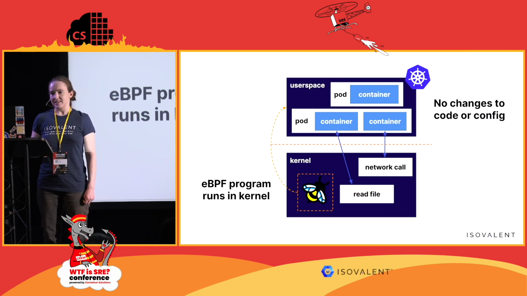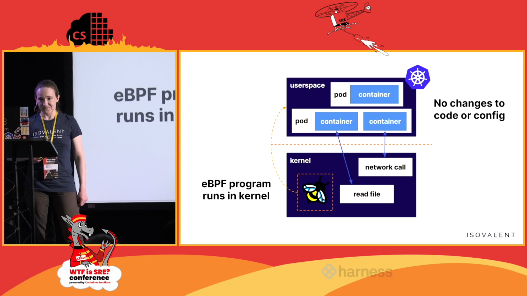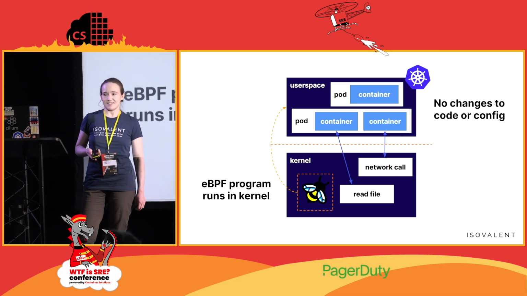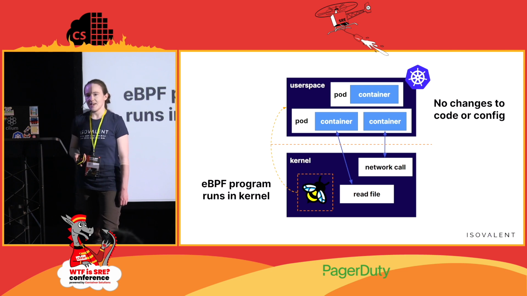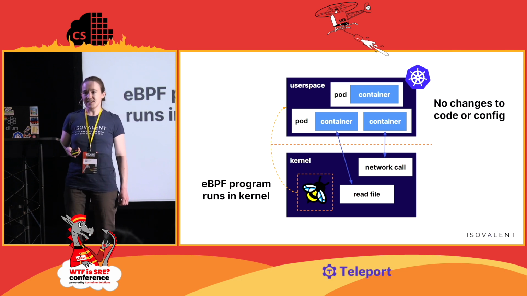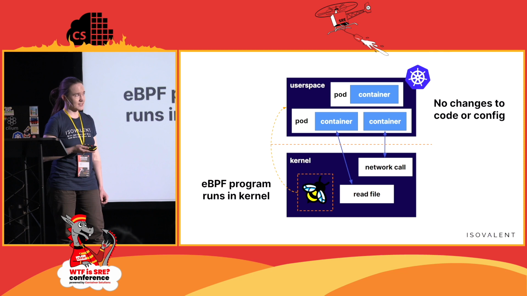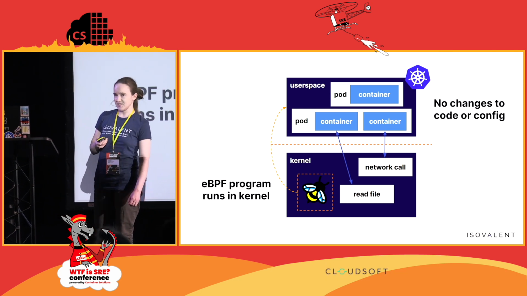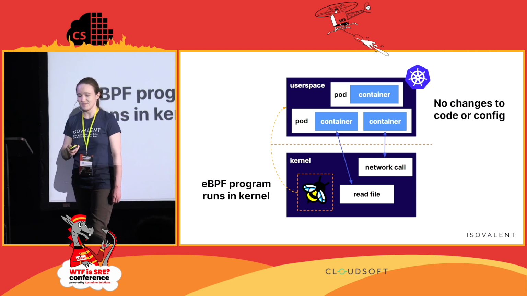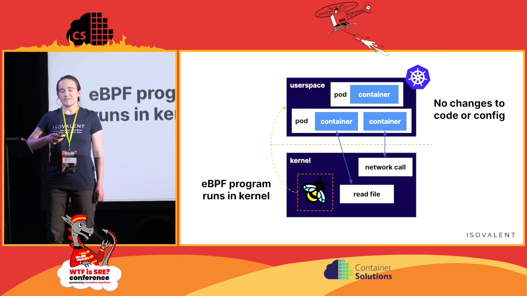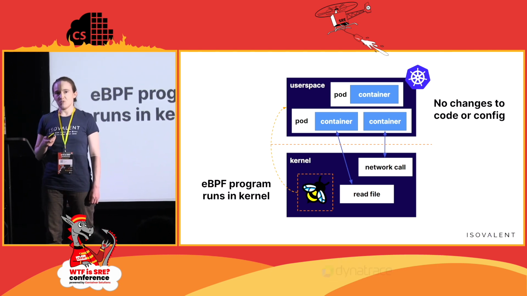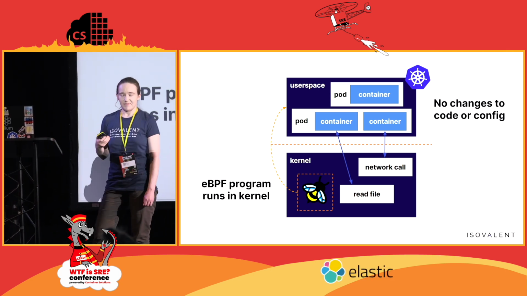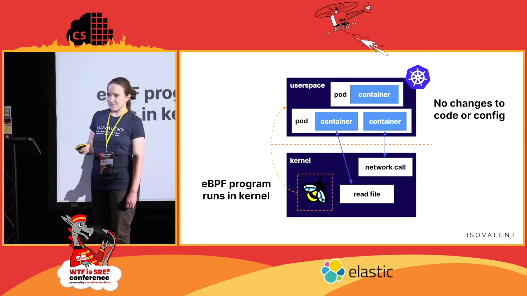Now, this kernel can run eBPF programs that see everything that is happening in the user space, so see all the applications running on the host. It doesn't care what applications are running there, because it's attached to a kernel event.